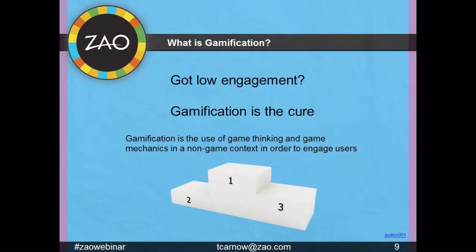But certainly in recent times, airline miles are a great example. They're not a game, but they still use elements from games like points, which are miles, or levels, silver, gold, platinum, to keep people engaged. So to sum it up, gamification is the use of the thinking, the learnings, and the mechanics from games to increase engagement in non-game systems.